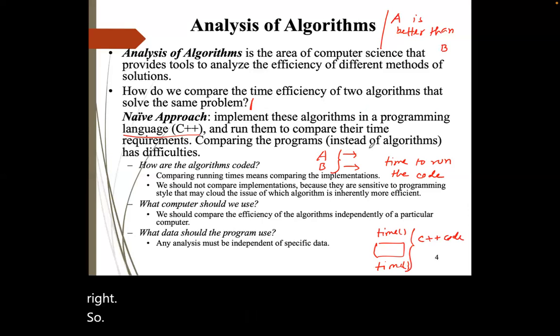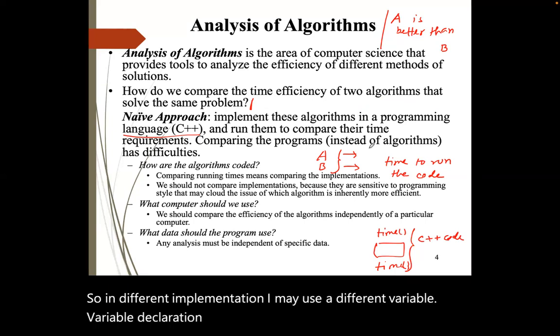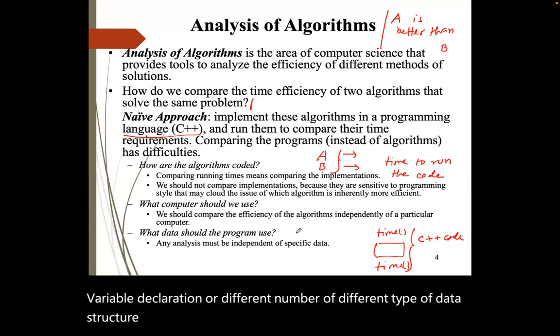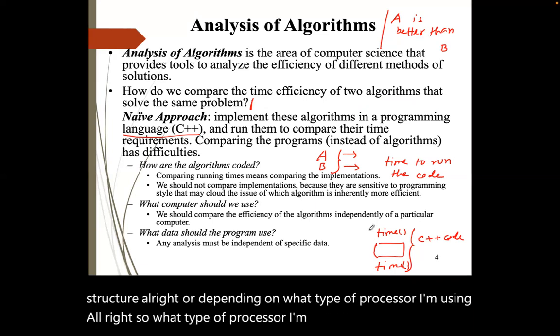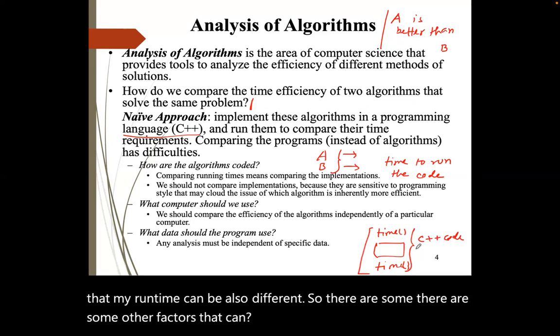In different implementations, I may use different variable declarations or different types of data structure. Or it depends on what type of processor I'm using. Depending on that, my runtime can also be different. So there are some other factors that can affect this runtime.